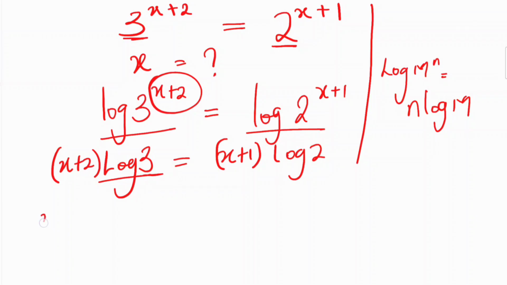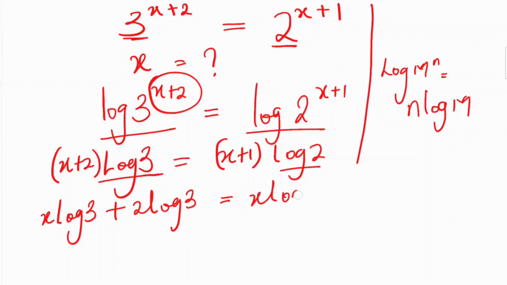So we have x log 3 plus 2 log 3 is equal to, same thing is applied here. We are going to use log 2 to multiply everything in the bracket, and that will give us x log 2 plus log 2.